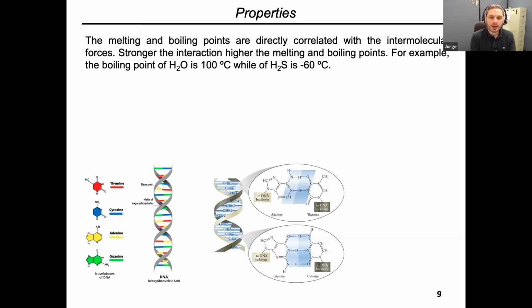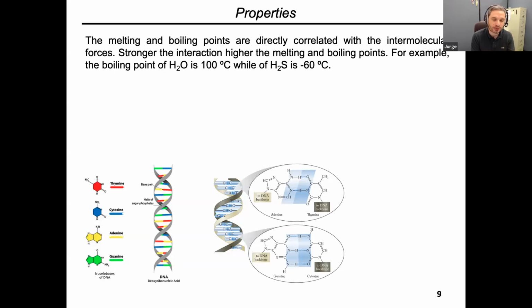The melting and boiling points are directly correlated with the intermolecular forces. The stronger the interaction, the higher the melting and boiling points. For example, the boiling point of water is 100 degrees, while that of hydrogen sulfide is minus 60 degrees.